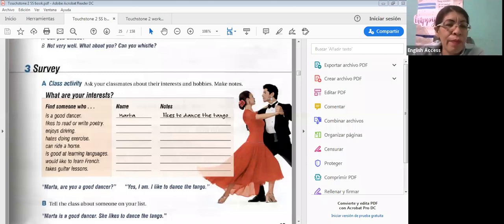For example, number 1 says, find someone who is a good dancer. We need to ask questions about this information. So for number 1, someone who is a good dancer, the question is, are you a good dancer? Remember, because you're asking directly to the other person, are you a good dancer? Number 2, find someone who likes to read or write poetry.